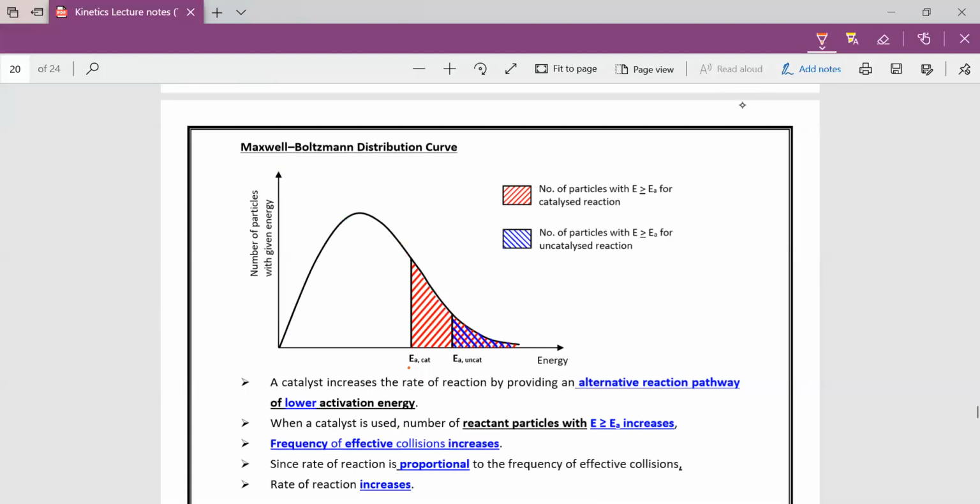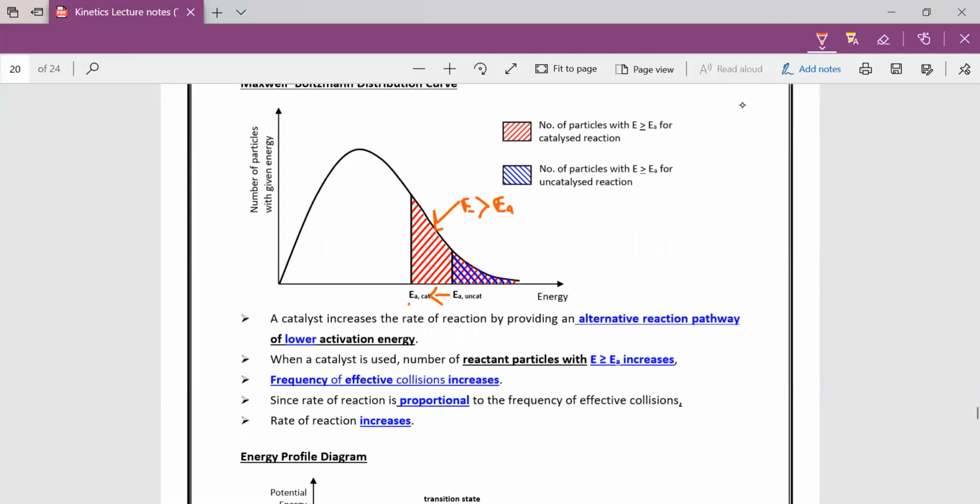So it shifted from uncatalyzed to catalyzed. So you see more particles have energy greater than activation energy. All right, so you can read this explanation yourself. It makes plenty of sense. It's almost the same as temperature except for this first bullet point.